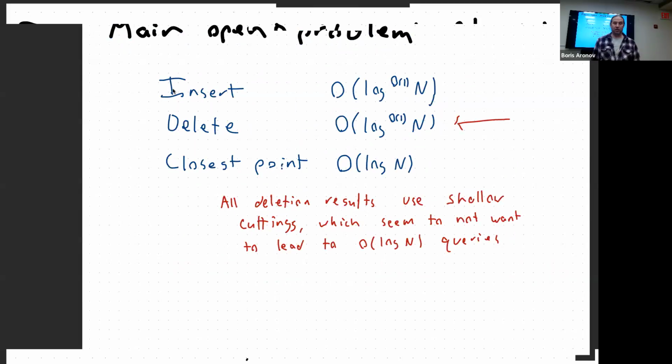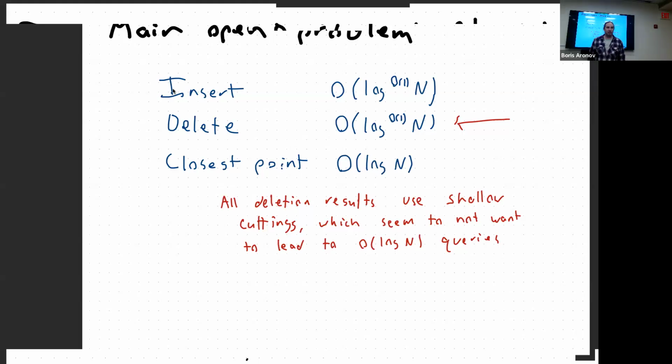So the main open problem here is that ours is completely insertion only. Whereas the whole work of Chan and Chan involves using shallow cuttings, which are a type of cutting, and they put things into buckets, and once a bucket gets more than half empty due to deletion, they take everything from the bucket and reinsert it at the beginning again to make sure everything still works out.